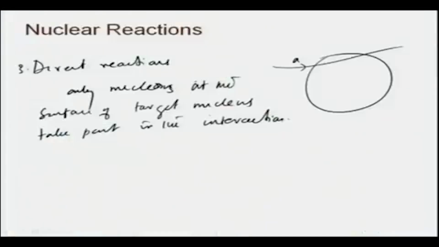Typically, for the compound nuclear formation, the projectile will spend some time with the target nucleus, and therefore the reaction time is much larger compared to the direct reaction, where it comes and interacts quickly with the neutrons or protons at the surface and then goes away. So, such reactions are quicker compared to the compound reactions.